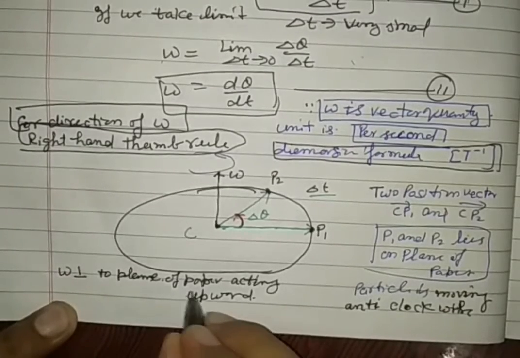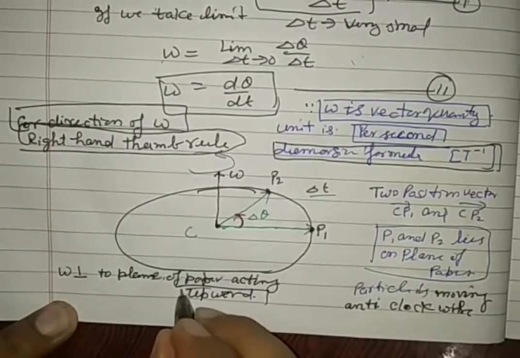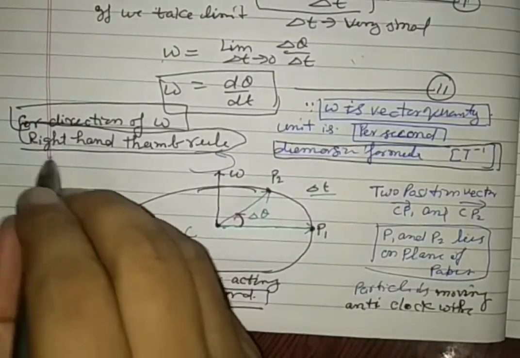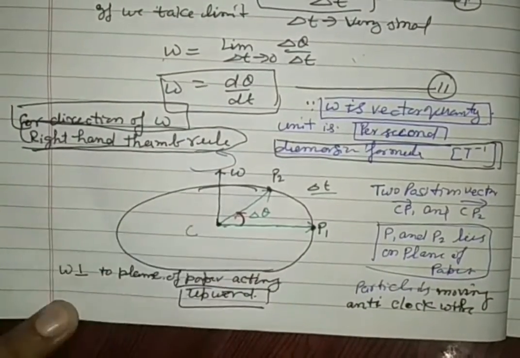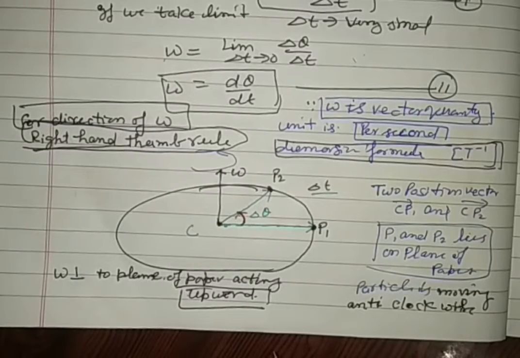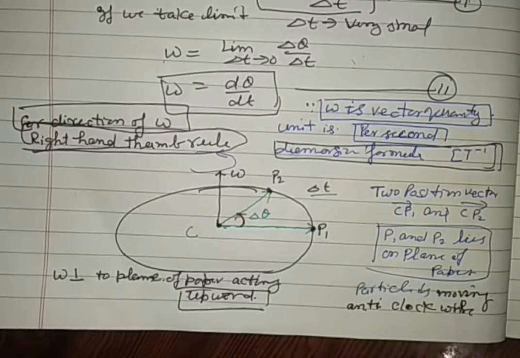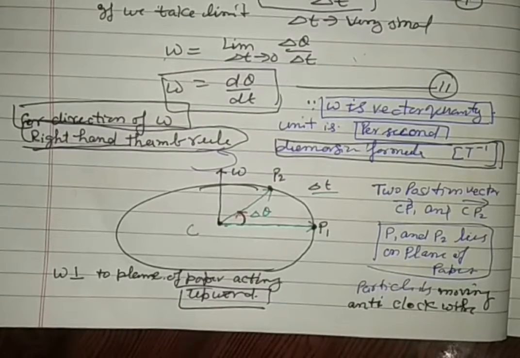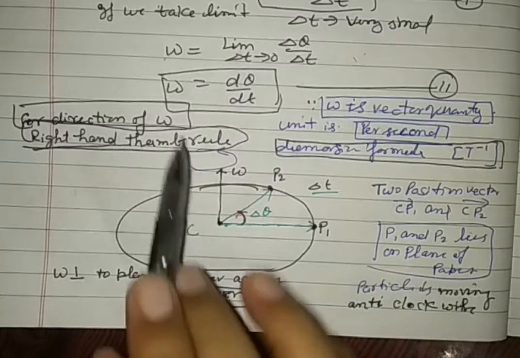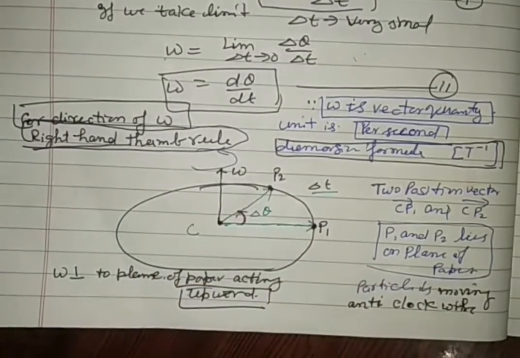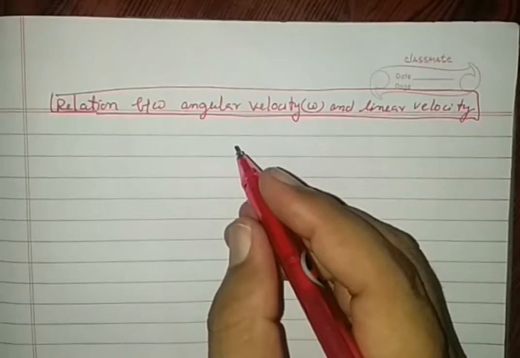The direction is obtained by the right hand thumb rule. We may also apply another rule called the right hand corkscrew rule. By either rule we can obtain the direction of angular velocity, and this is the formula to calculate. The rest of the things we will see on the next page.